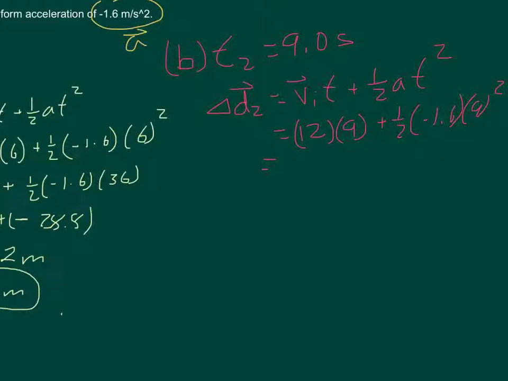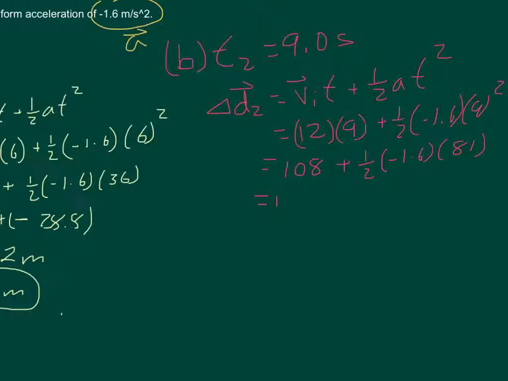So here we have 12 times 9, is that 108, plus 1/2 times negative 1.6 times 81.